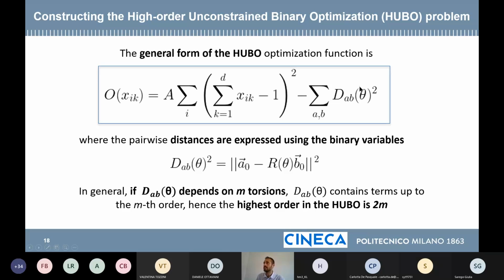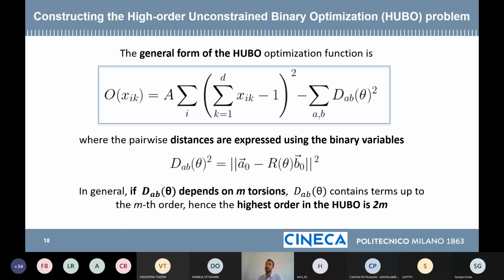So in general, since here the distance between two fragments A and B may depend on m torsions, this term DAB inside the second term here may contain terms up to the mth order.